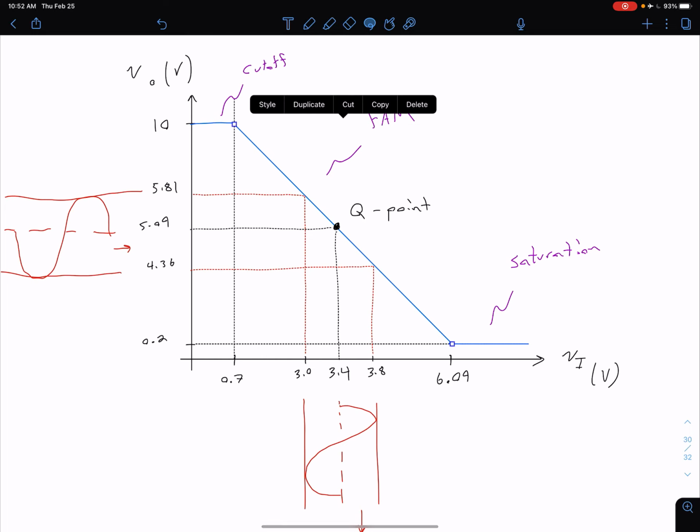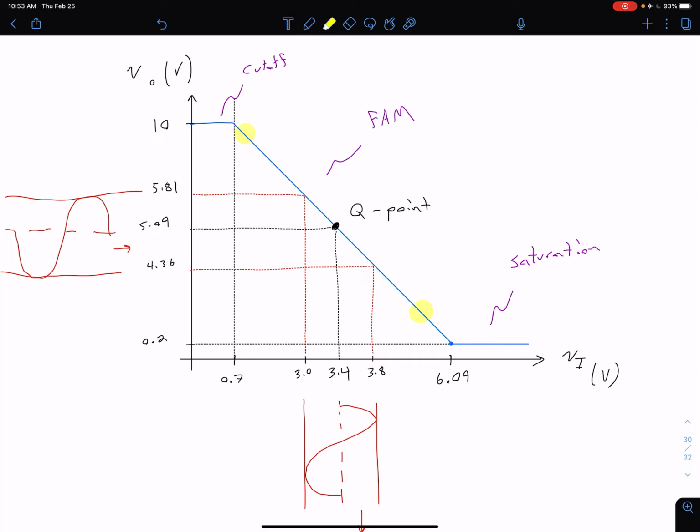See if I can move this around. Well, at any rate, we're saying if we move this Q point down to this instance, so maybe we're getting closer to saturation, or maybe we move our Q point up here, closer to cutoff. And again, keep in mind this would correspond to changing the value of that VBB voltage.